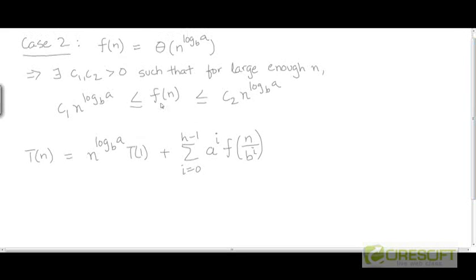If f of n can be sandwiched between these two constant multiples of n to the power log a, what can we say about the upper and lower bounds on f of n divided by b to the power i?